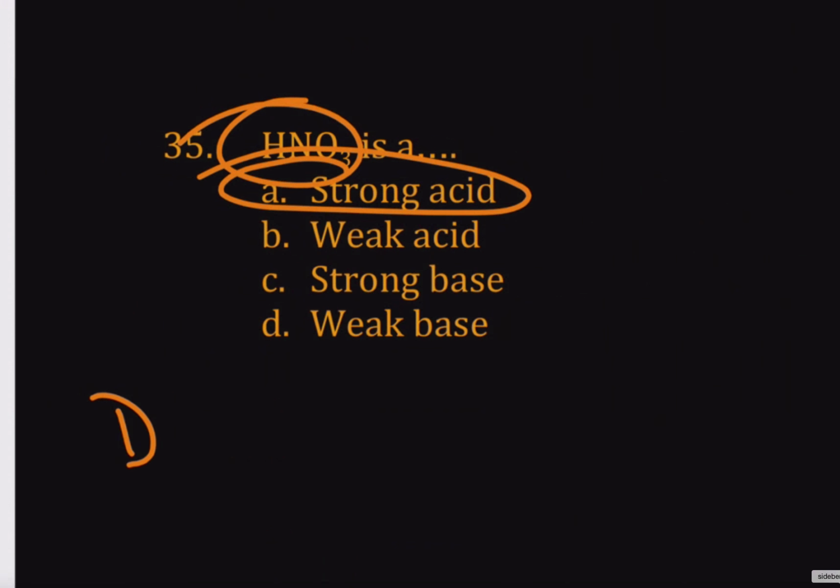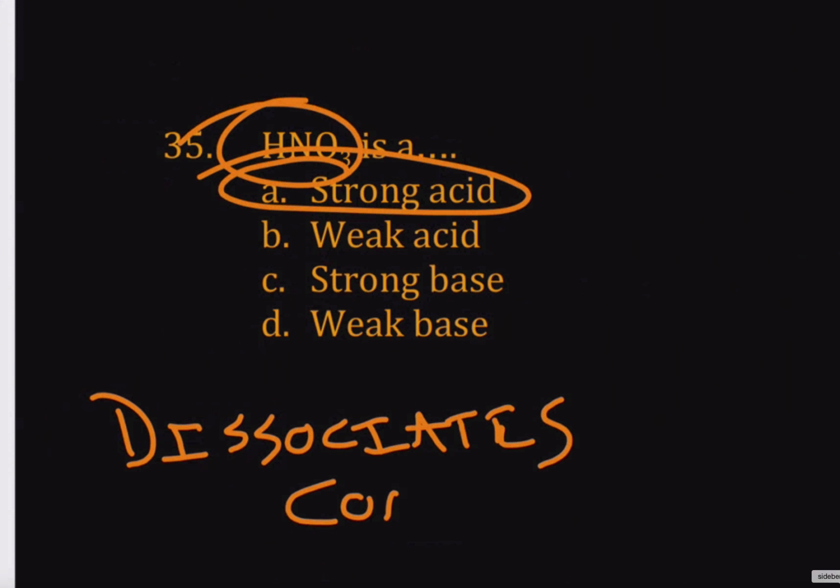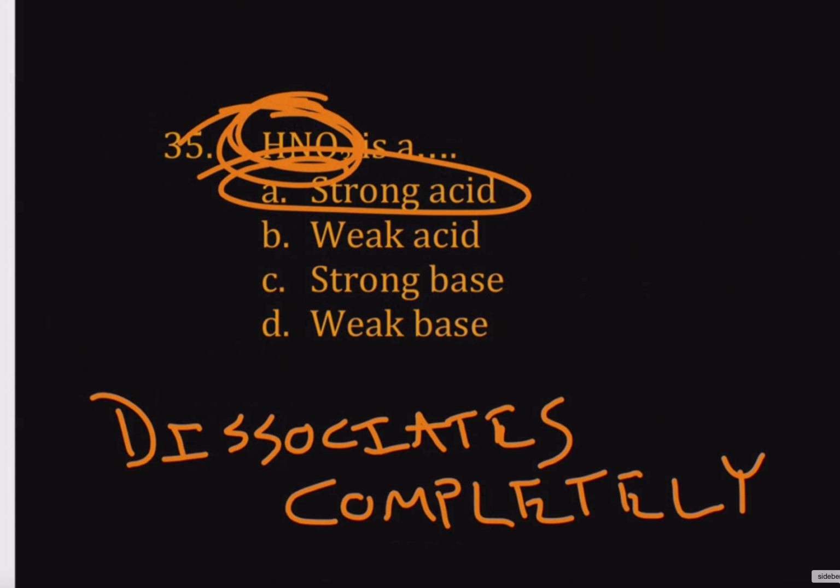Strong acid means that it dissociates or ionizes completely. Every single molecule of this dissolves or dissociates in water. So dissociates completely equals strong. Dissociates partially equals weak. Okay, this is not one of those.